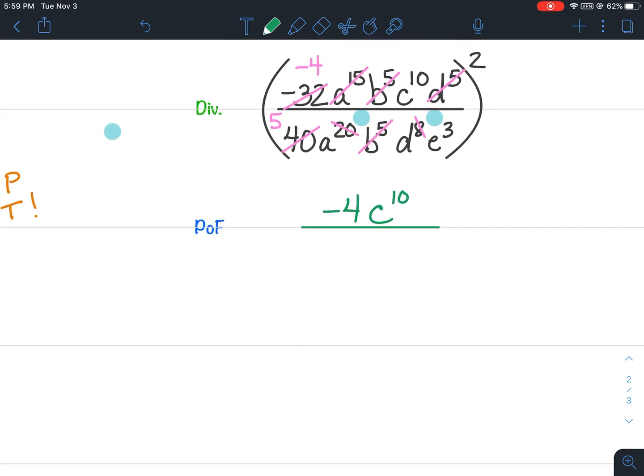And in the denominator, I have 5, the a term, the d term, and my e term, which is e to the 3rd.